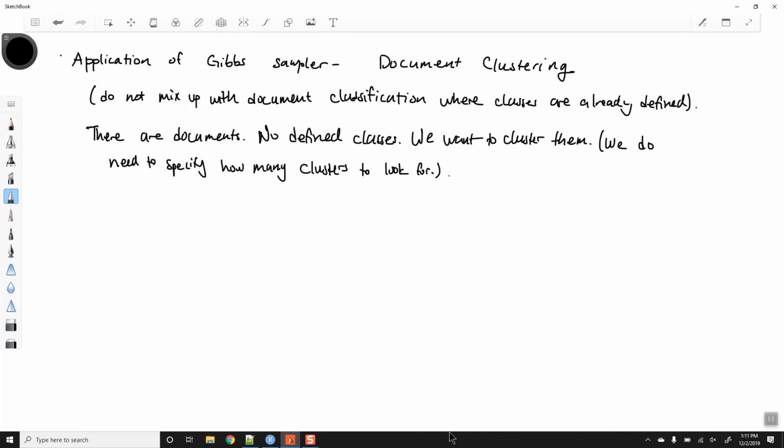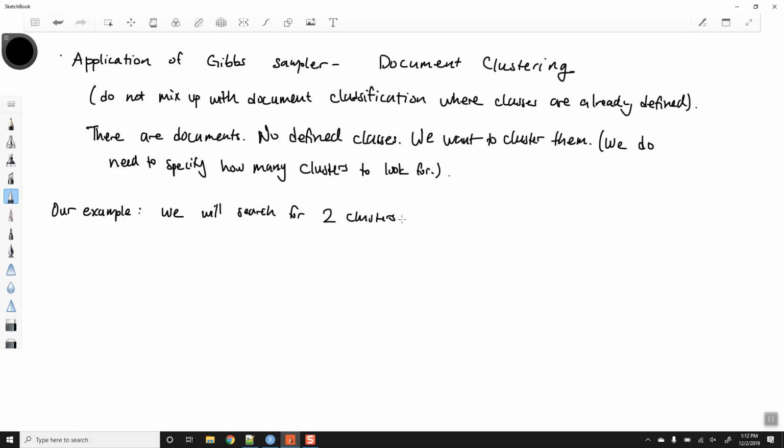We can loosely define them, but let's say, just for our example, we will search for 2 clusters.